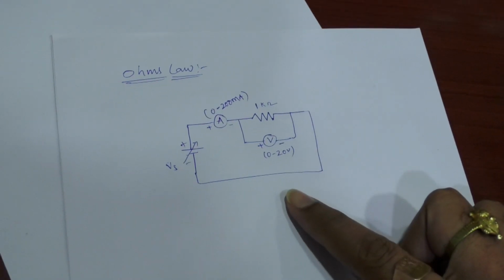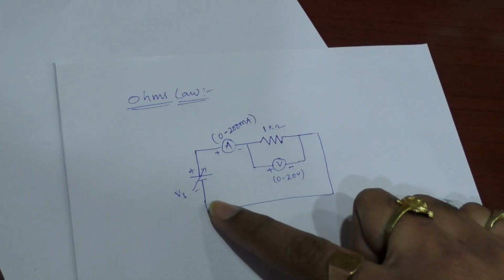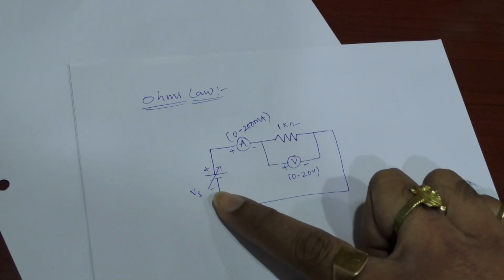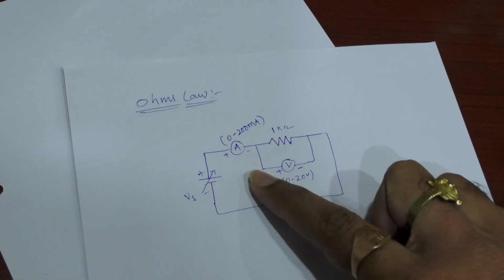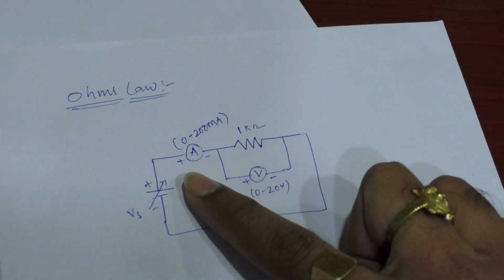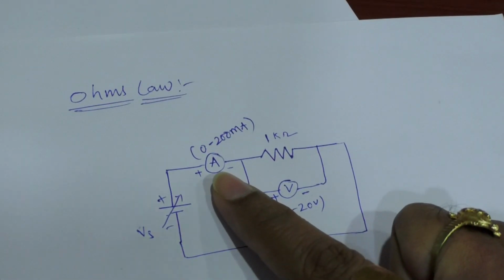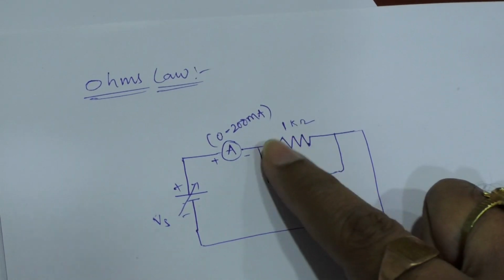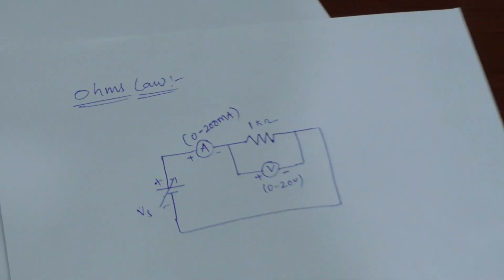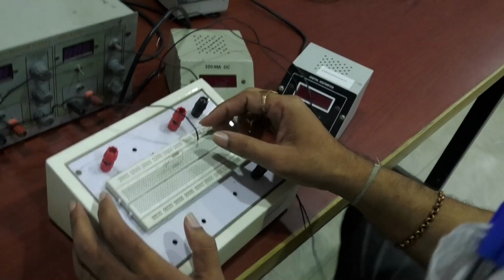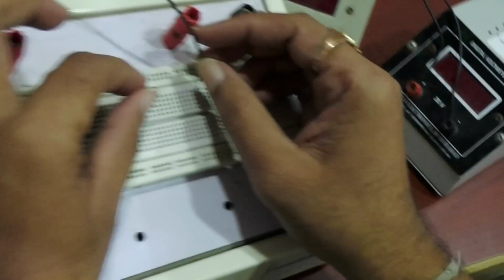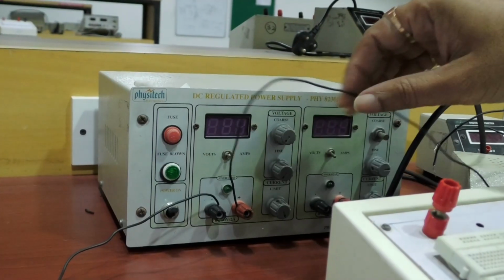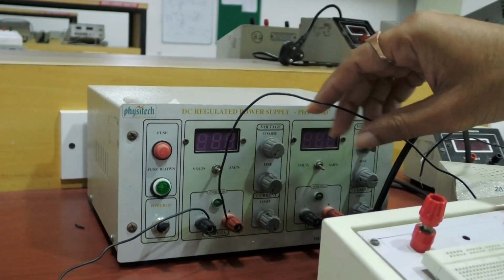So to test Ohm's law, we have taken a simple circuit: the voltage supply, an ammeter and voltmeter to measure the current and voltage, and a resistance. Now we will give the circuit connection. First of all, we have taken a 1 kilo ohm resistor. This is the regulated supply.